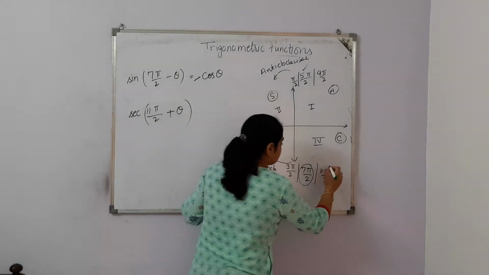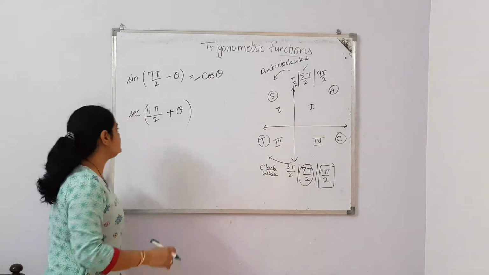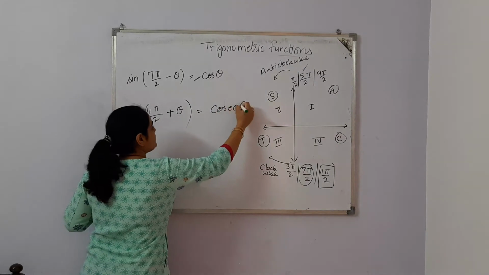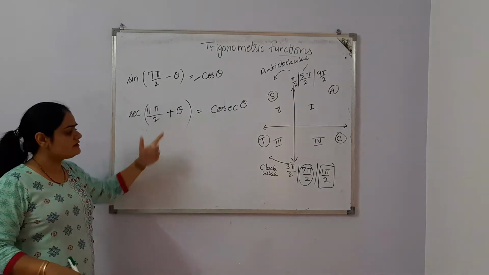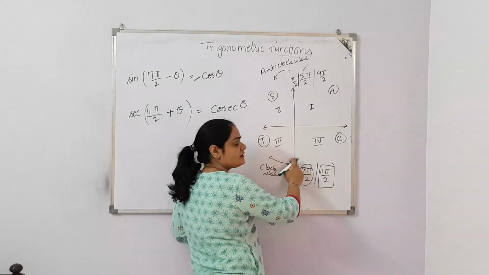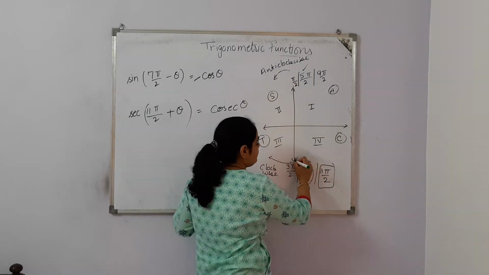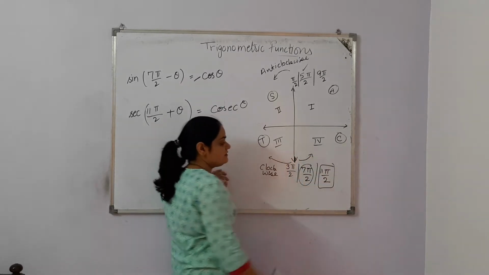Here. This is 11 pi by 2. Vertical line, that means change is there. Secant will change into cosecant theta. What about the sign? 11 pi by 2 plus. Here it is 11 pi by 2. Plus means anti-clockwise direction. That means if we are at 11 pi by 2, that is here, the anti-clockwise direction is this.